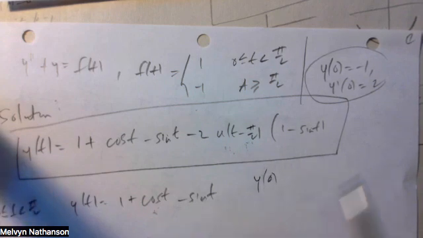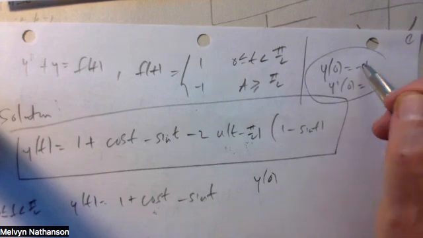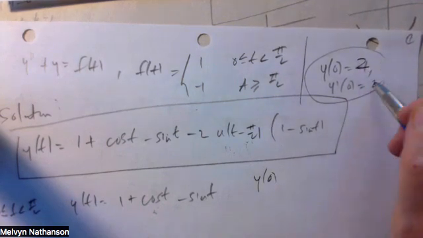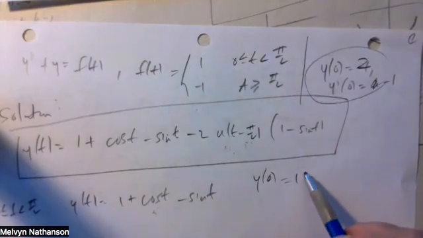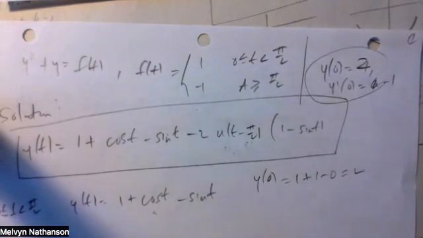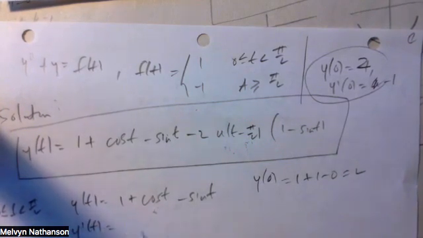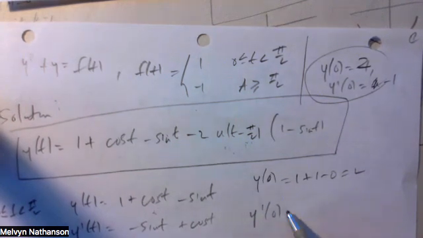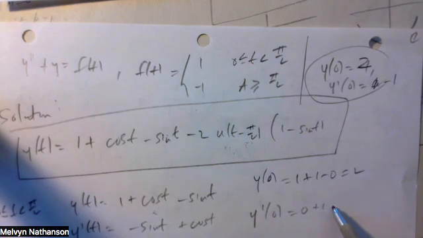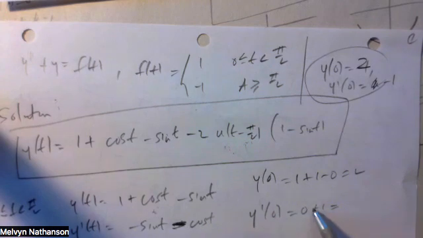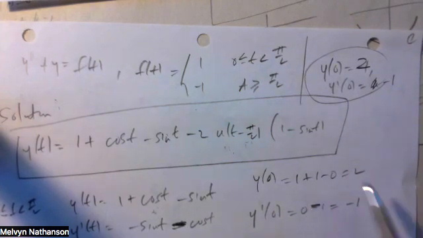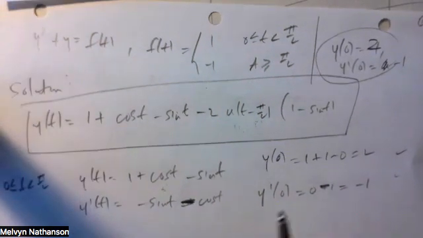Oh, no, yeah, sorry. In this problem, y of 0 was equal to 2, and y prime of 0 was minus 1. Perfect, because y of 0 is 1 plus 1 minus 0, which is 2. y prime of t is minus sine t plus cosine t, so y prime of 0 is 0 minus 1, which is minus 1. So the initial conditions are satisfied.